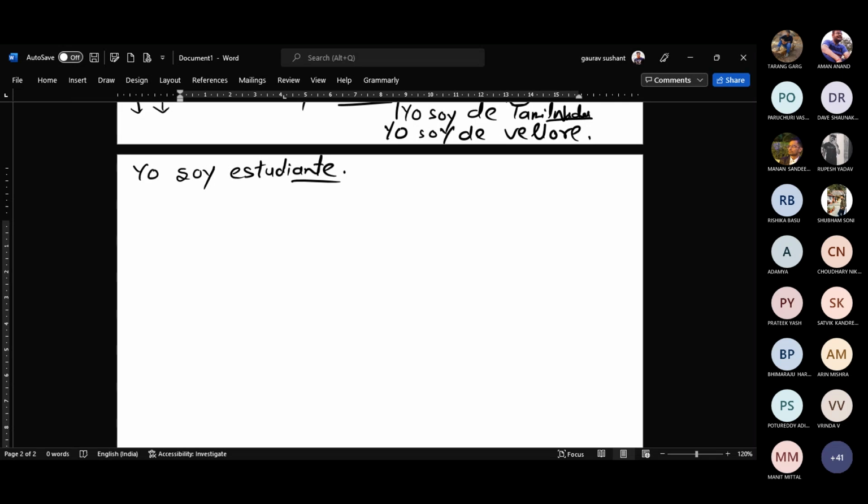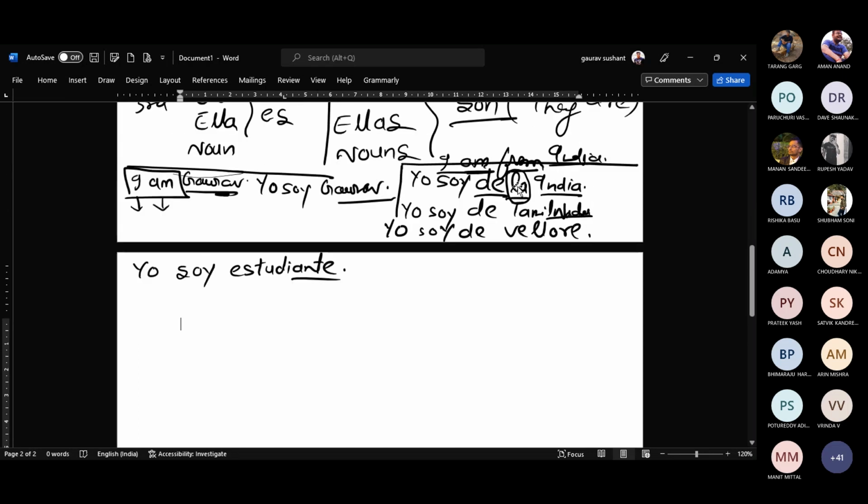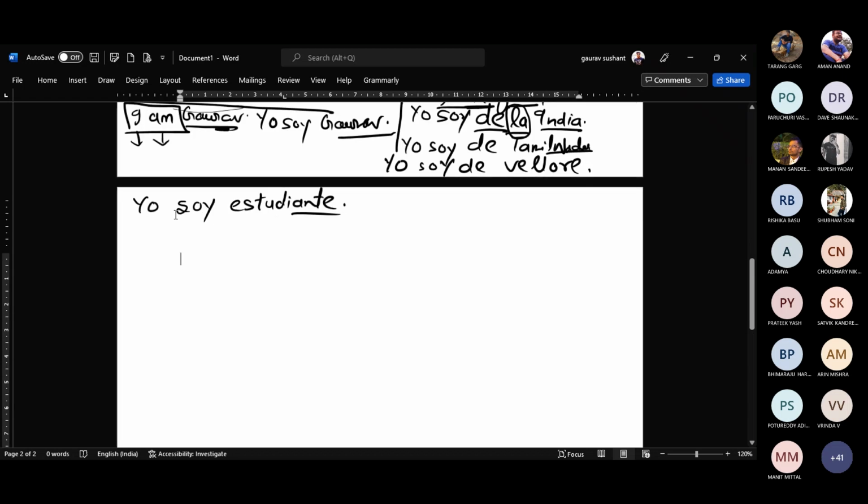So languages have different rules for telling the same sentence. Like in the previous one, we put la with the country India. Here with the profession, there is no need to use the article a or an when you are talking about any profession in general.